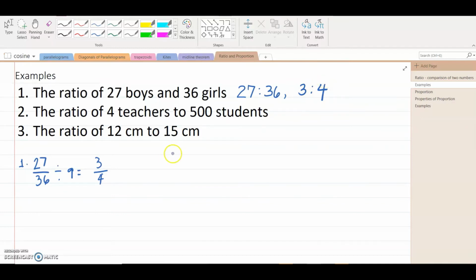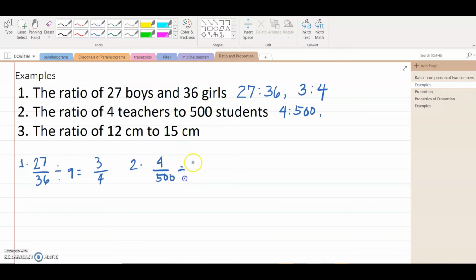Next, number 2, the ratio of 4 teachers to 500 students. That is 4:500. But we can determine how many students there are for each teacher. So for number 2, we have 4 over 500.